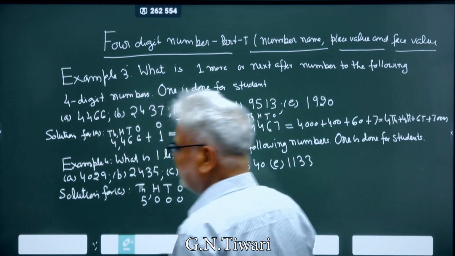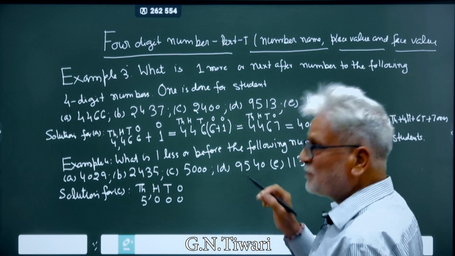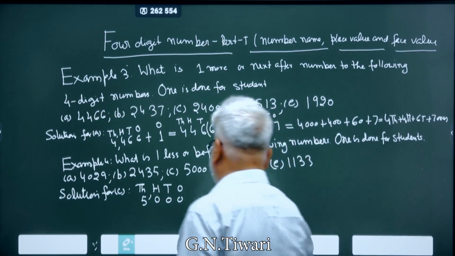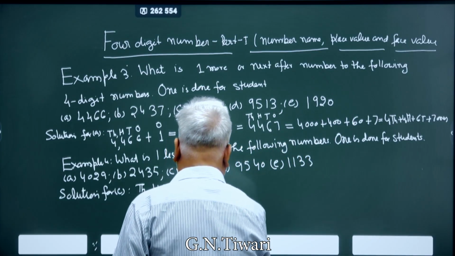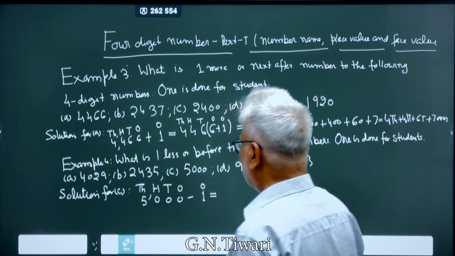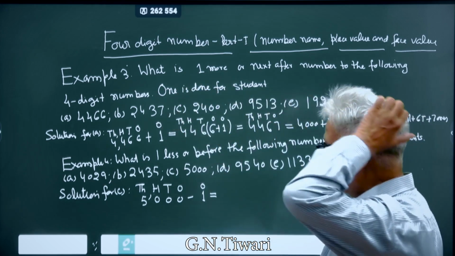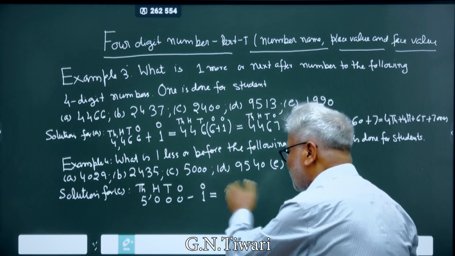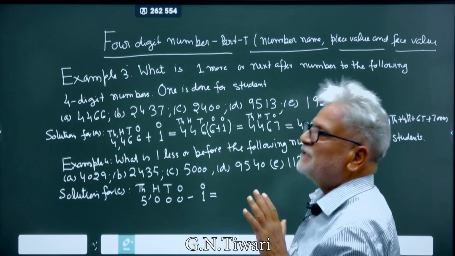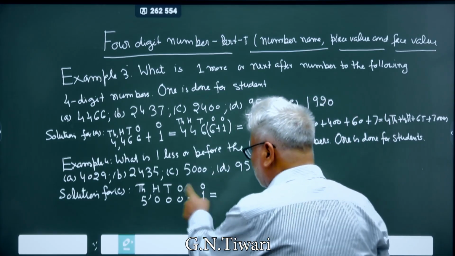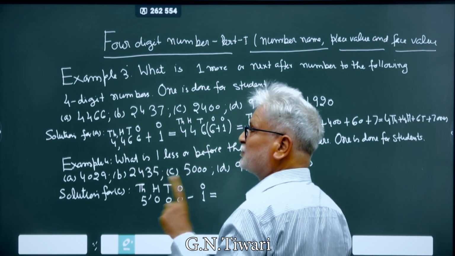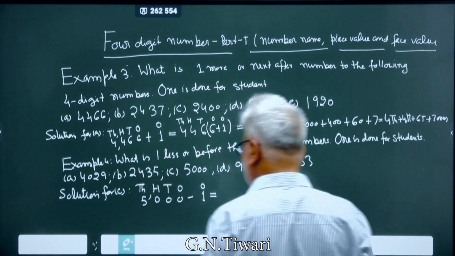Now I have said less or before, so you have to do minus 1. Generally a student gets confused here itself. If you want to do it the horizontal way, it is difficult for the student. So I will suggest that once there is a 0, they should do vertical. Why? How will they do vertical?